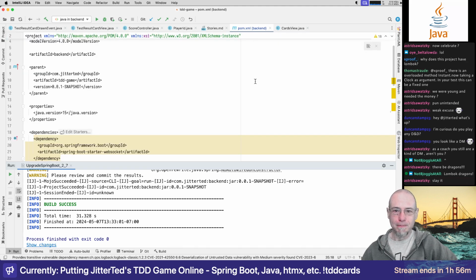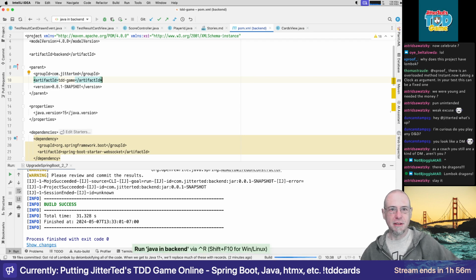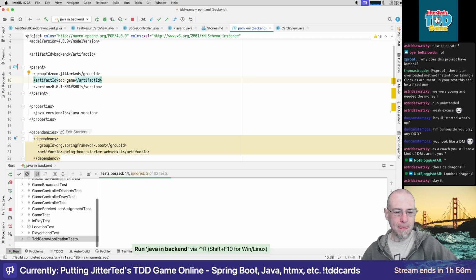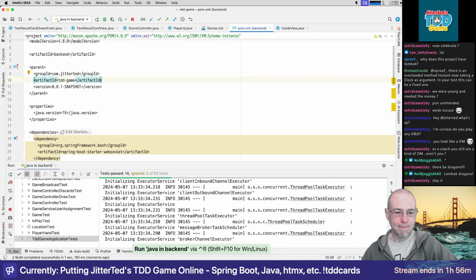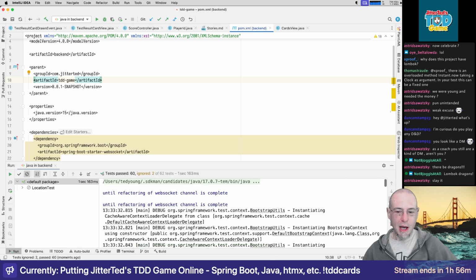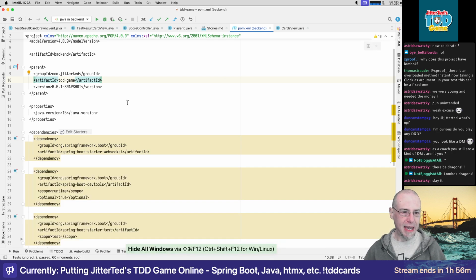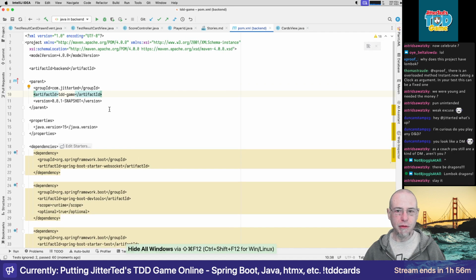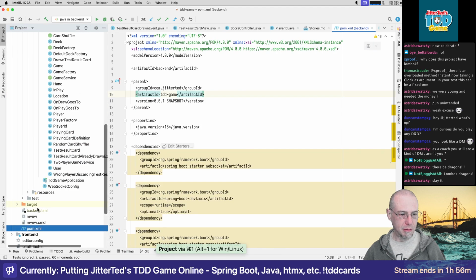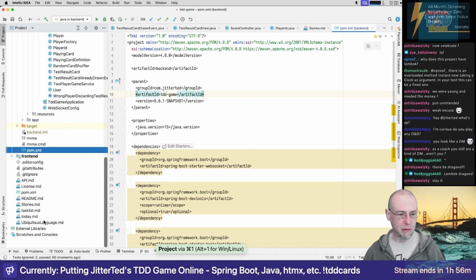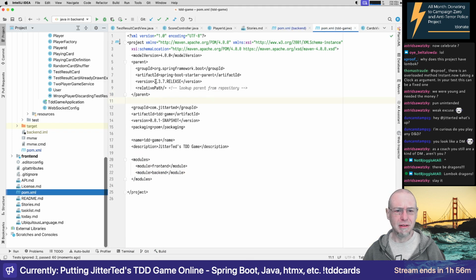Did IntelliJ finish indexing everything? Looks that way. Let's try running our tests. Amazing, they all pass. What version of Spring did we get to? We should have gotten to 2.7. I don't know, what is the latest 2.7? Oh, it didn't do it.